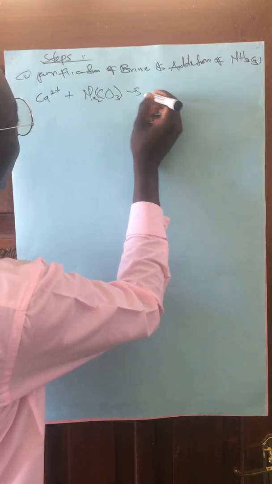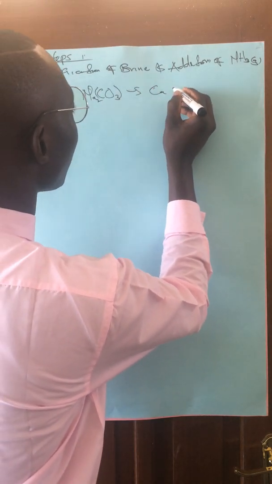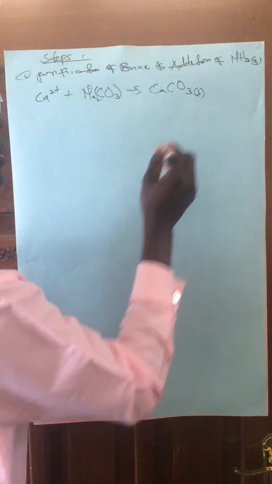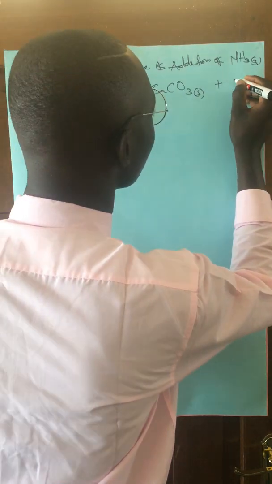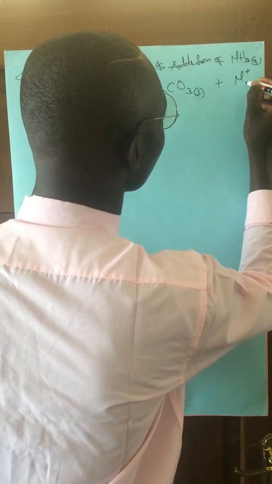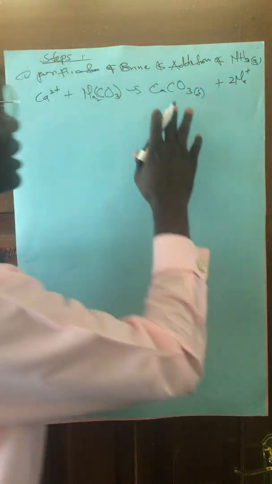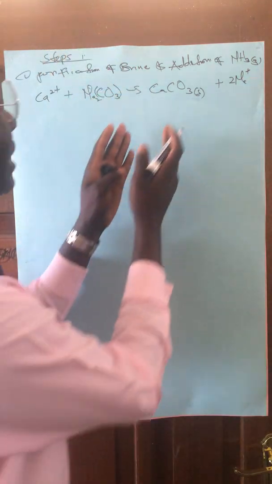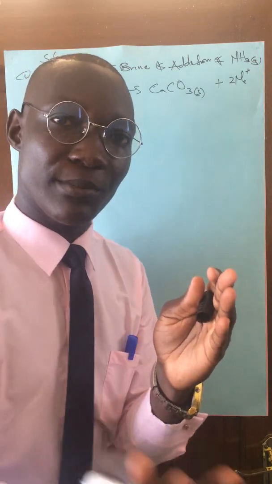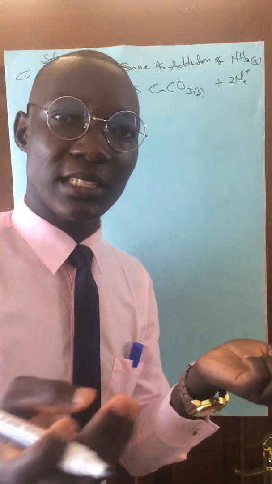So we are going to form calcium carbonate solid plus sodium ions. So already you can see this one is a solid, so it is eliminated. Brine is just a solution.